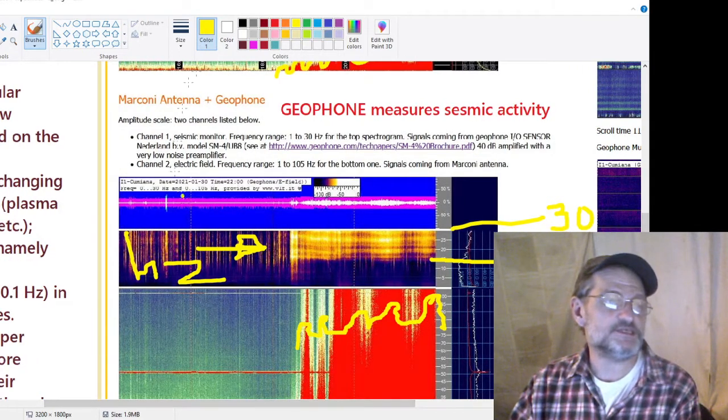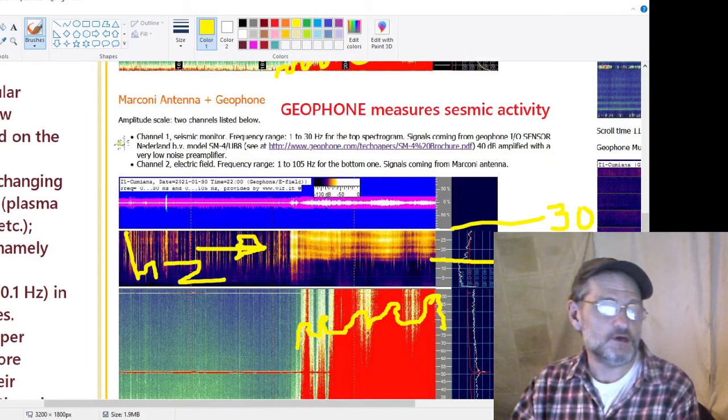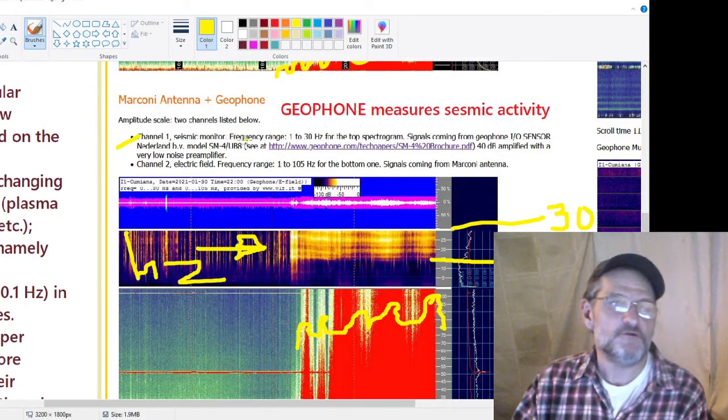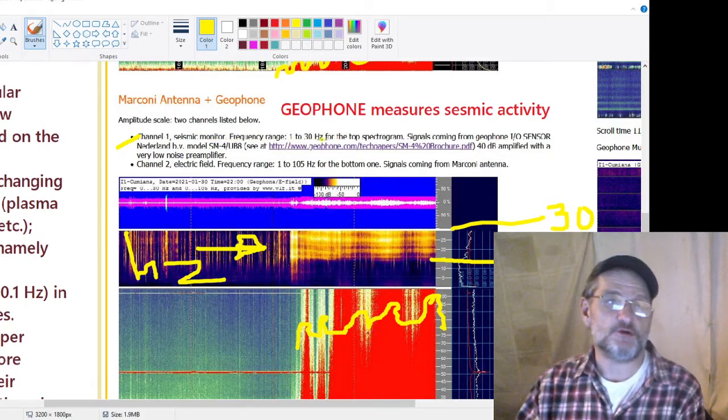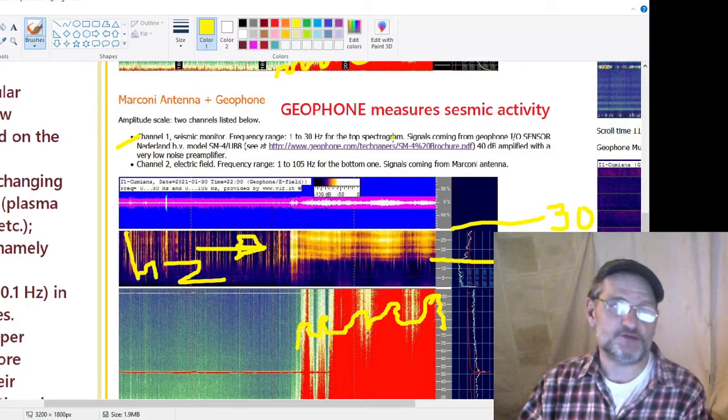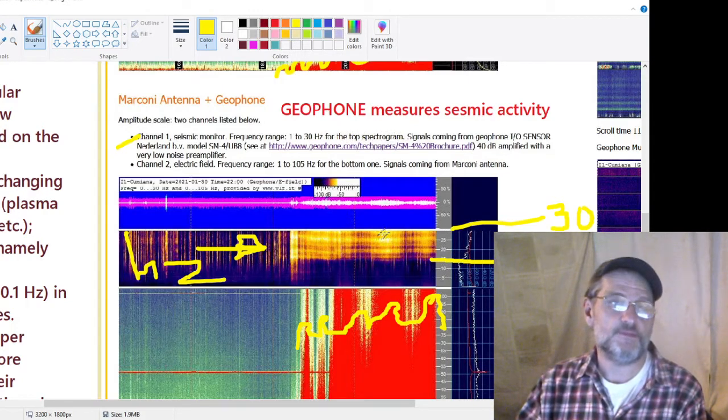Okay, what it says here is, I've read this before, channel 1, seismic monitor, frequency range 1 to 30 hertz for the top spectrogram. That's this one right here.